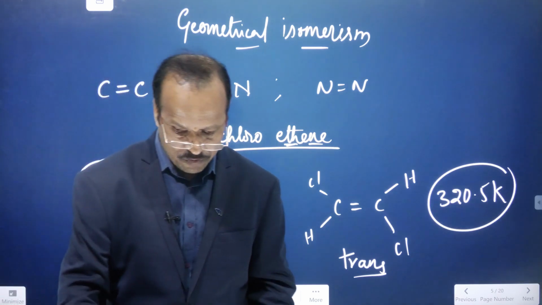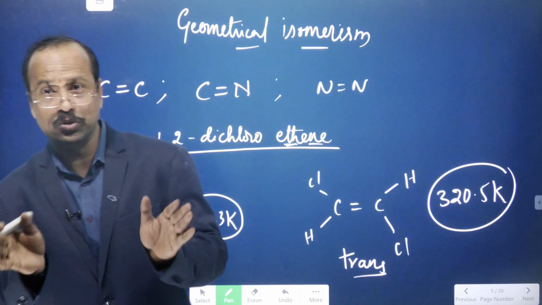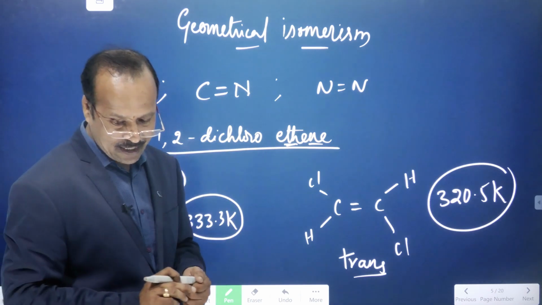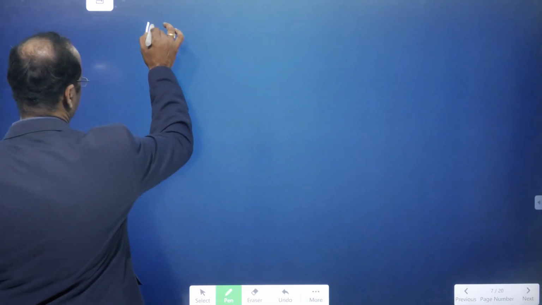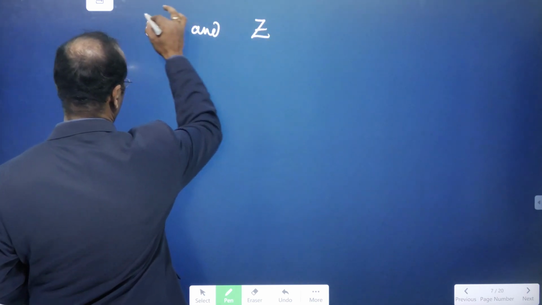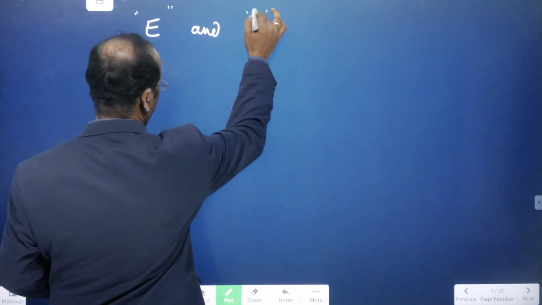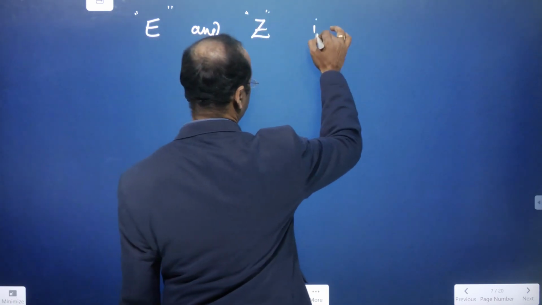Now, students, we go a little more elaborate. Beyond cis and trans, that is E and Z isomerism. E and Z isomerism.